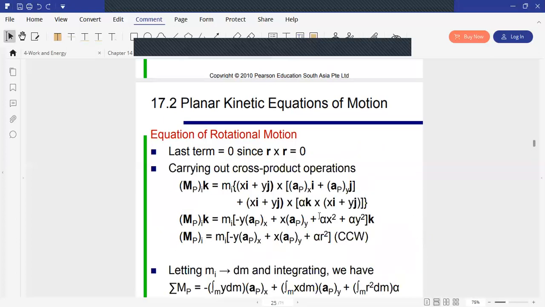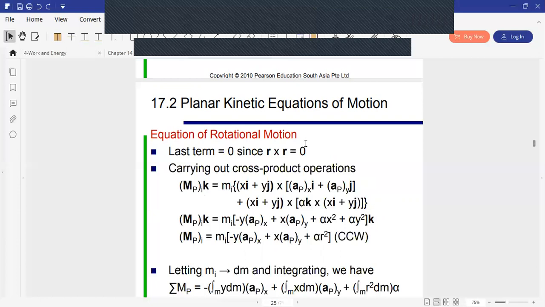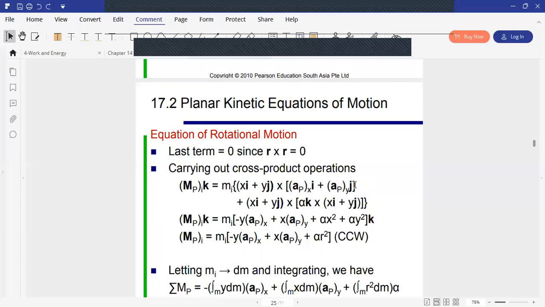now to obtain the expression of the moment about P, I will replace r and a by their expressions. We said the moment about point i is the elementary mass times r vectorial a_P. Vector r is the position vector, so I can replace it by xi plus yj. And vector a_P is the acceleration of point P, so I can replace it by a_Px i plus a_Py j.